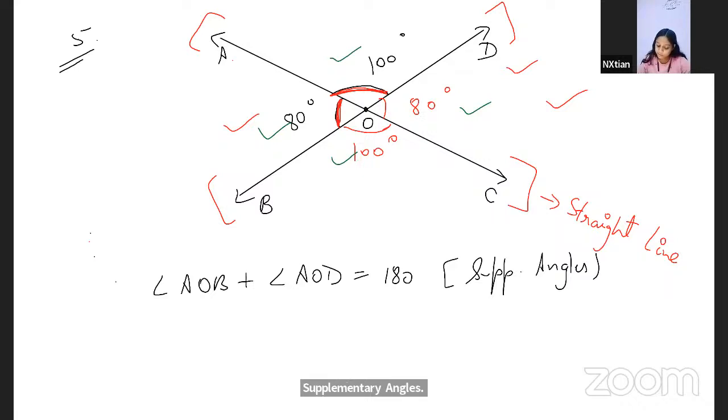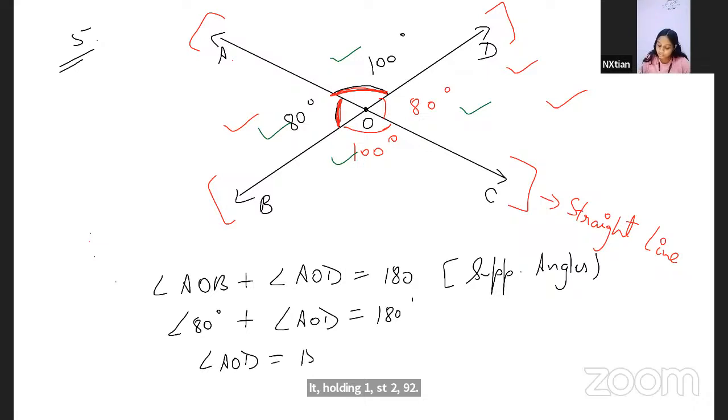Then we have AOB, 80 degrees, plus angle AOD equals 180 degrees. So angle AOD equals 180 degrees minus 80 degrees. Angle AOD is 100 degrees. This is the supplementary angle method.